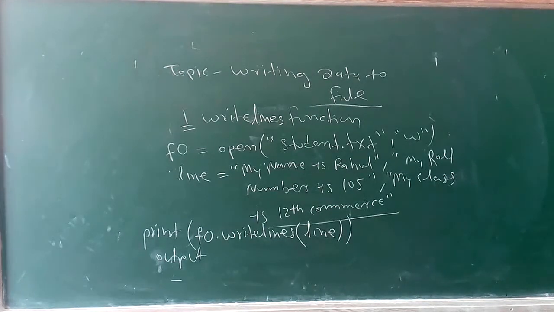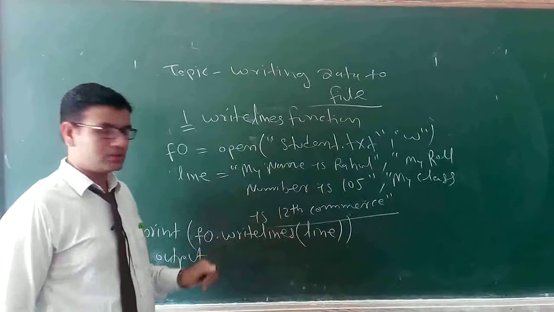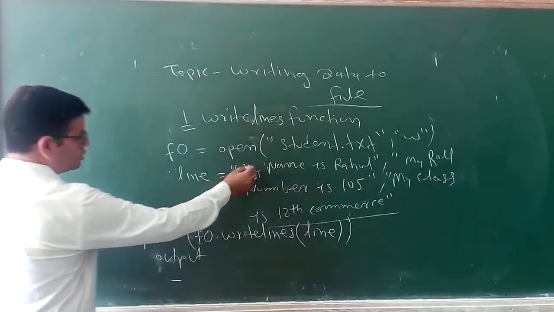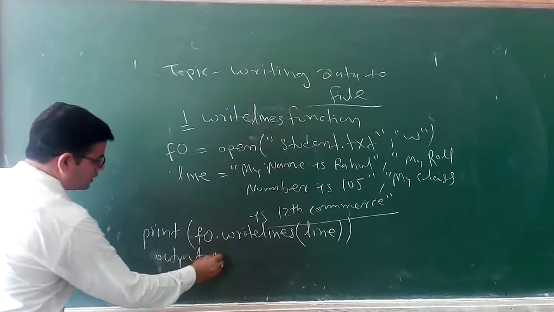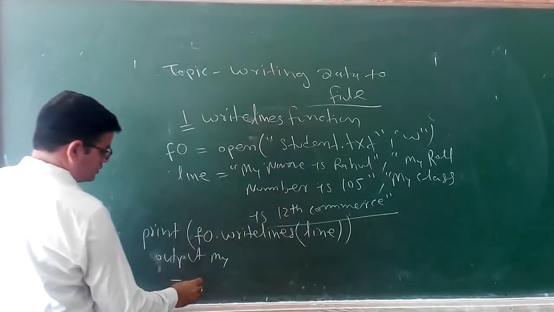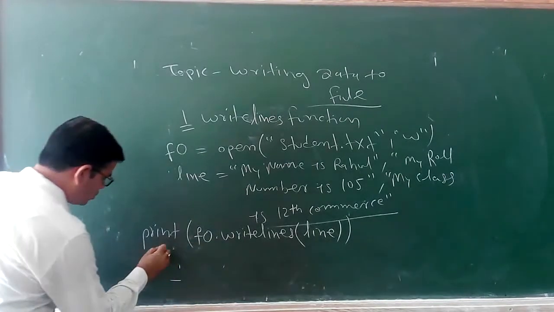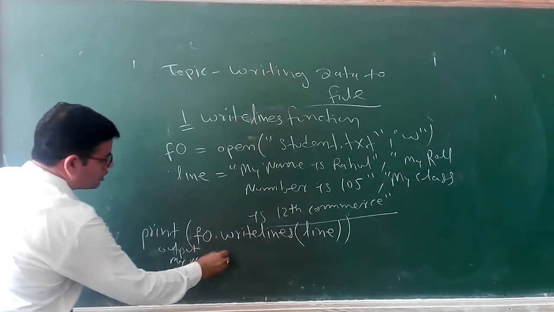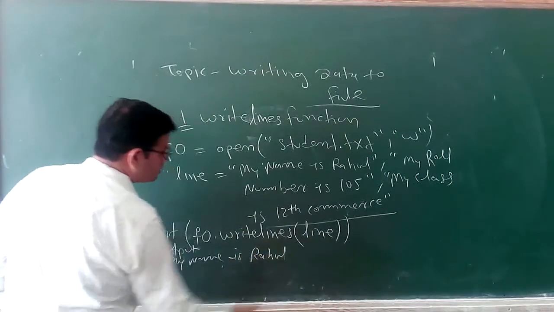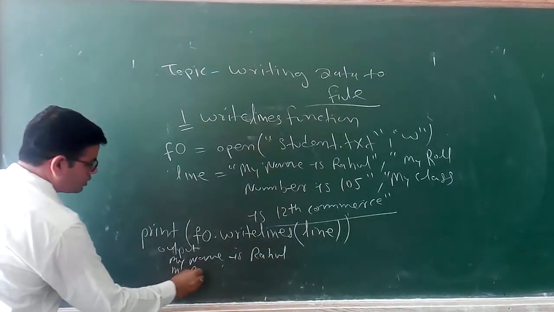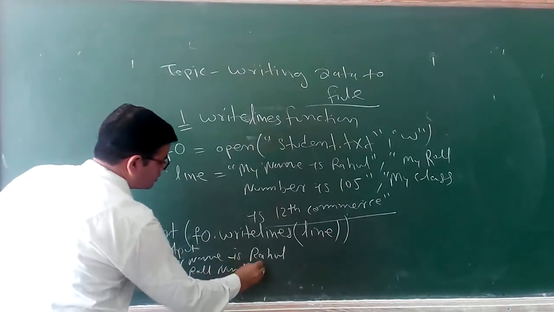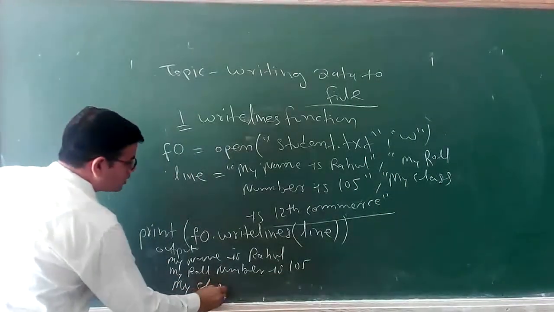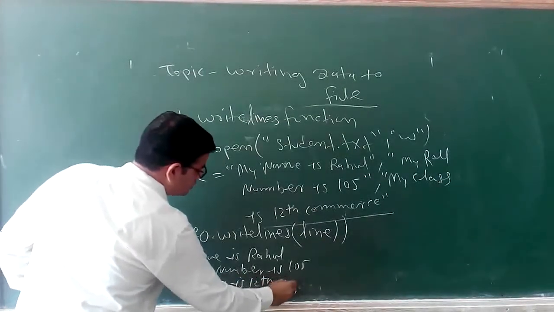When we use the print function with writelines, the output will show these lines: the first line is my name is Rahul, the second line is my roll number is 105, and the third is my class is 12th commerce.